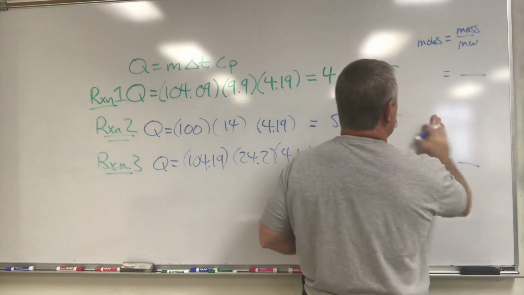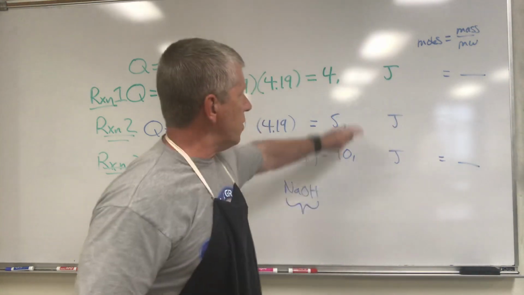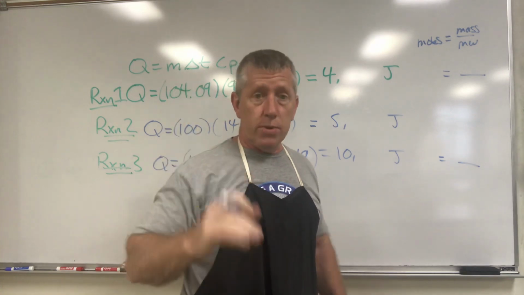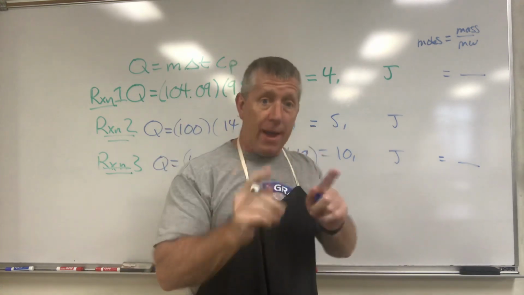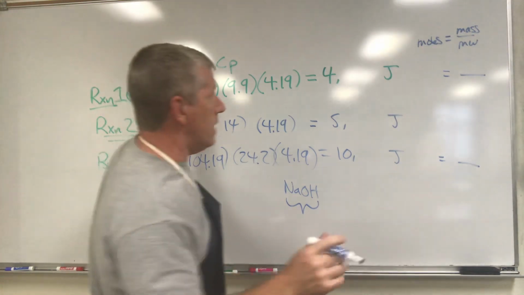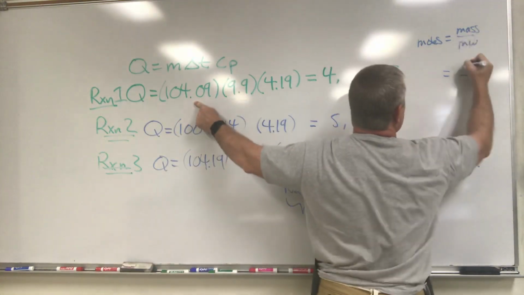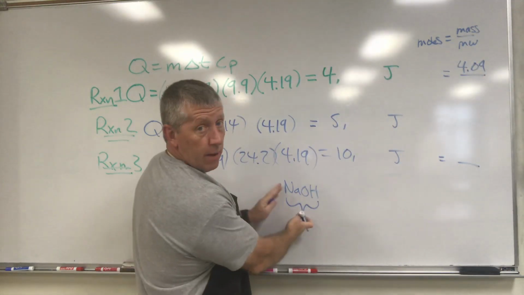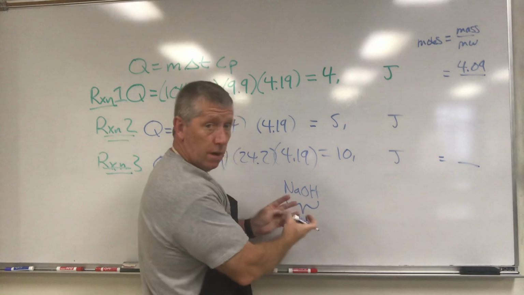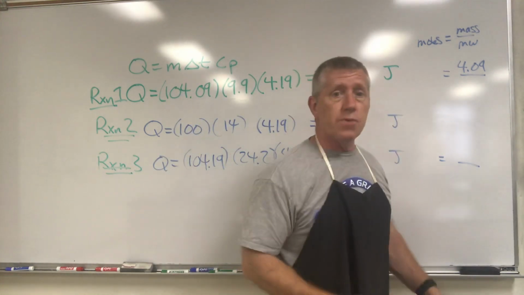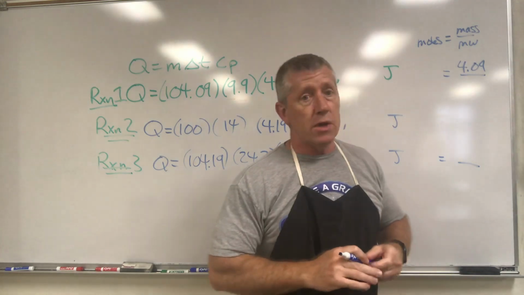Well, actually, not the second one. The second one was liquid. The first and the third one, reaction 1 and reaction 3, we used the pellets. Remember the pellets. So put the mass we used. The pellets in the first one was 4.09 grams. So we take the mass and put 4.09 divided by the molecular weight. You've added all these up and came out with the number and put that on the bottom. Divide and get an answer for how many moles of sodium hydroxide we used.